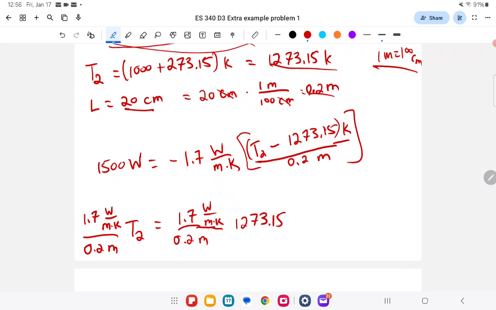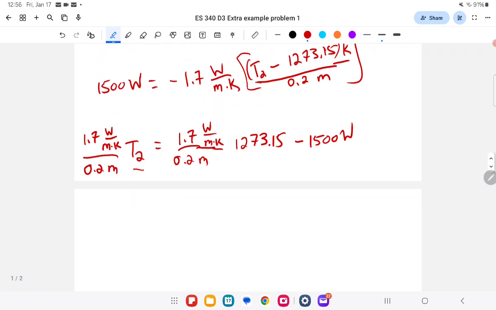Notice that the negative signs are going to cancel each other there. We have minus 1.7 and minus 1273.15, so those will cancel. And then we have to subtract off the 1500 watts. I did this because I wanted to get T2 by itself. Now, of course, I can divide through by that 1.7 divided by 0.2.